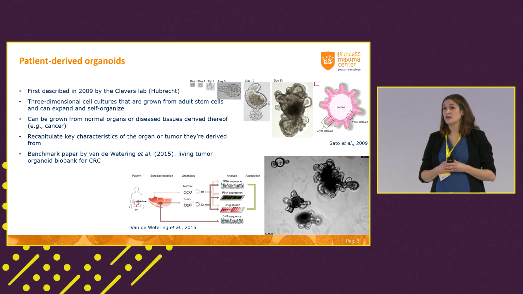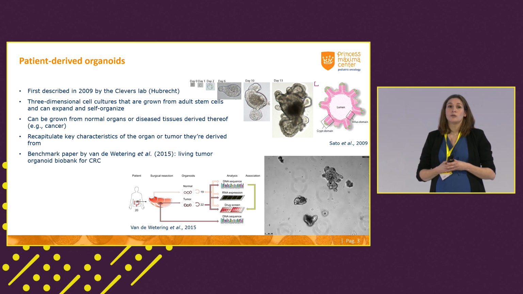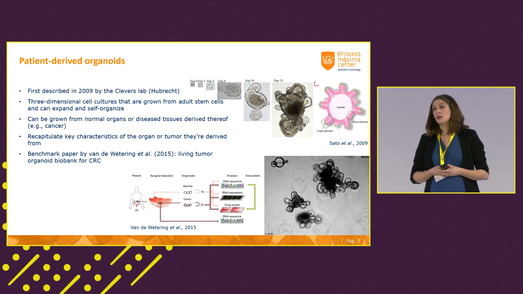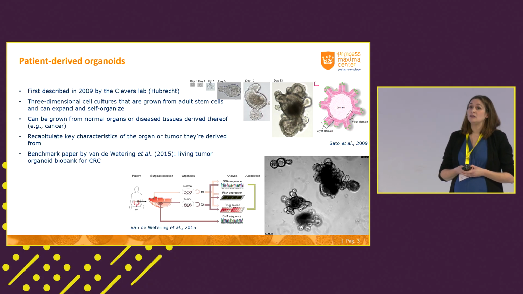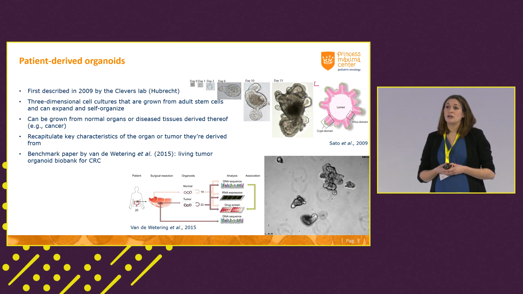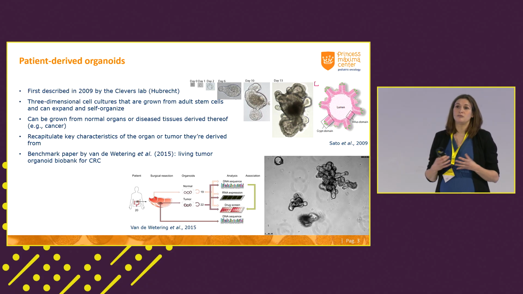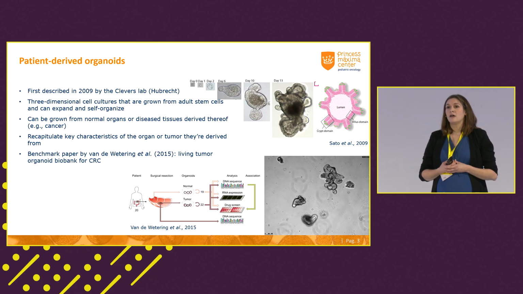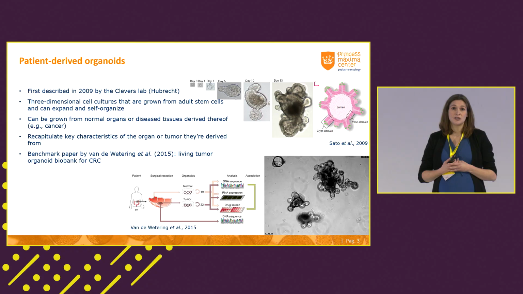Because we've also seen that these models can really recapitulate some of the key characteristics of the tumor that they're derived from. So in 2015, Mark van Wetering and colleagues published a kind of benchmark paper where they showed that they could create a biobank of living tumor organoids from colorectal cancer patients.